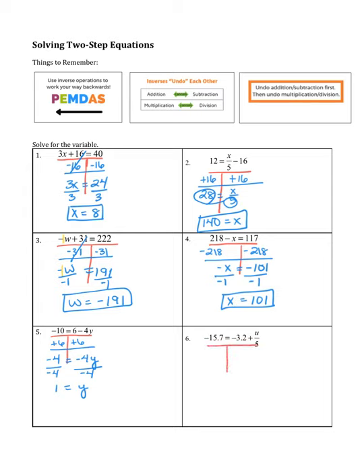Last one. Okay, like the problem at the top of the page, like number 2, we're going to leave u divided by 5 alone. We're going to move 3.2. So that is -12.5 equals u over 5, because that becomes 0.